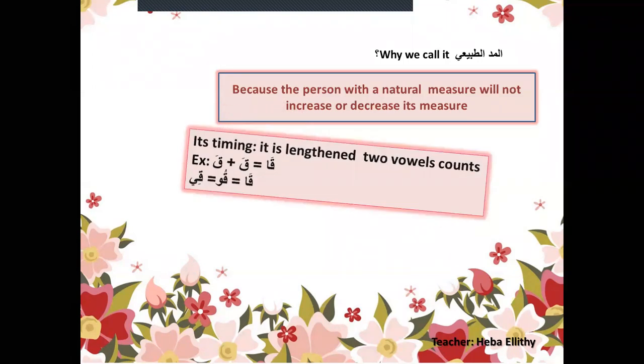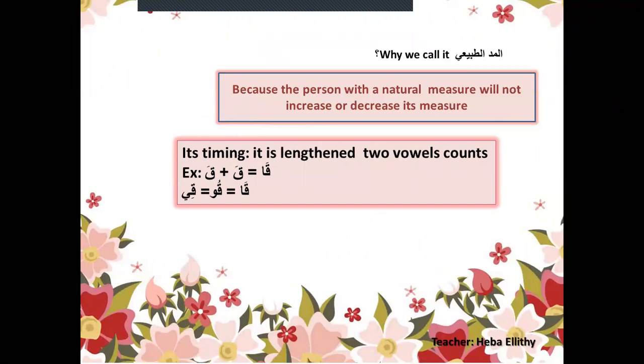طيب. It's timing. What's the time of المد الطبيعي? We say any beat equals one letter with حركة. المد الطبيعي equals 2 beats, equals 2 vowels, counted as letters. That means, for example, قا equals ق, ق. قو is equal to قي, is equal to ق, ق.